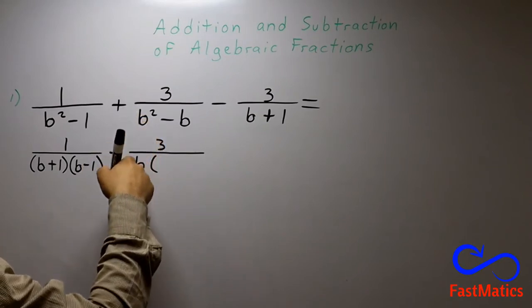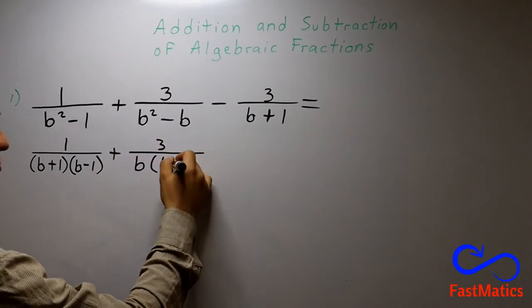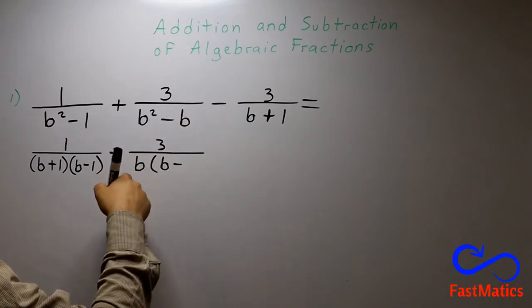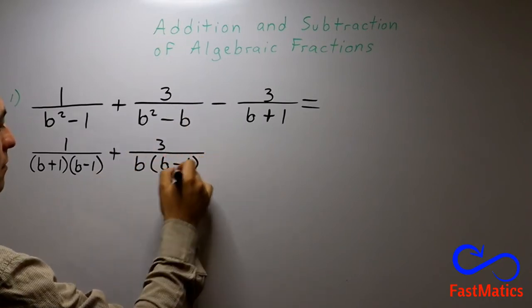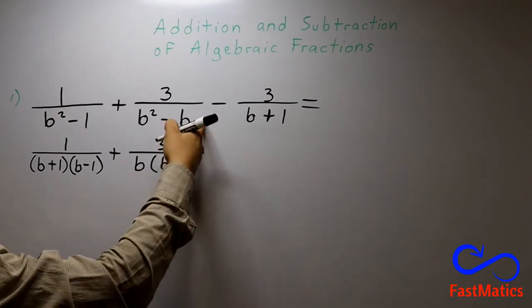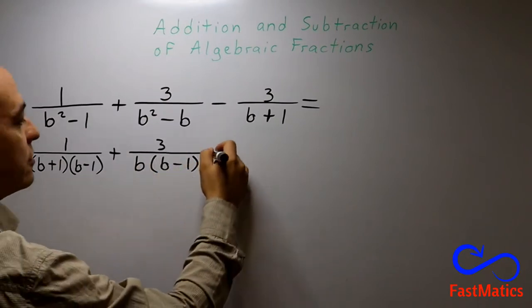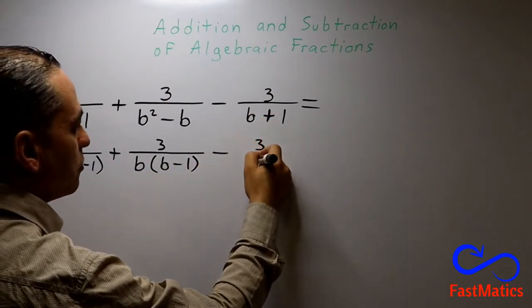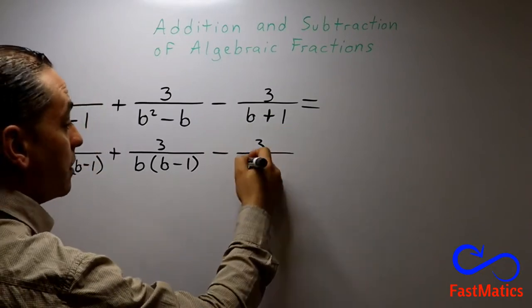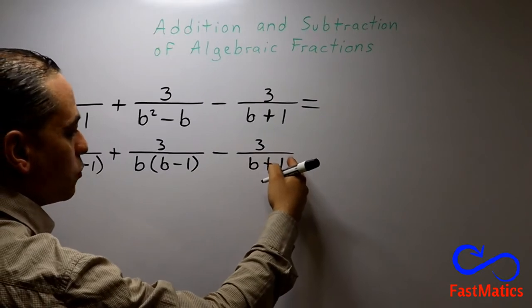B squared divided by b is b. Negative divided by positive, negative. b divided by b is 1. Because remember that the same thing divided by the same thing is always 1. After that, the number 3 is alone. We can't do anything. And b plus 1, we have the 1 exponent here, the 1 exponent here.